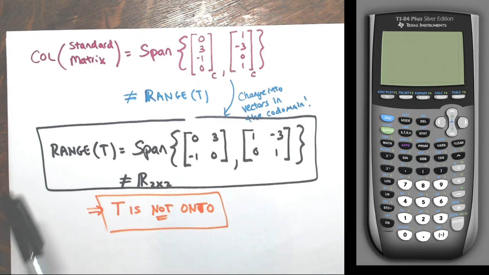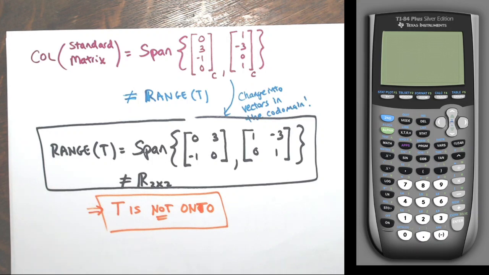And once you get the column space of the standard matrix, think of those vectors as coordinate vectors. Translate those back so that you get vectors in the range, vectors that are actually in the codomain of the transformation itself.